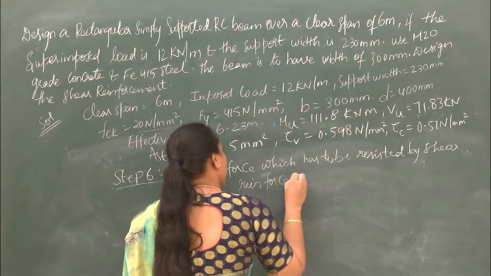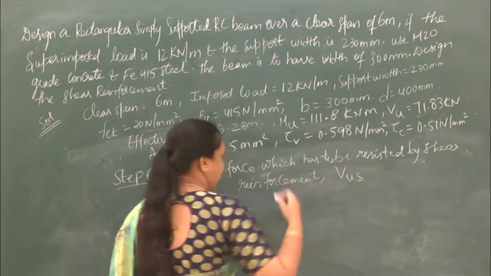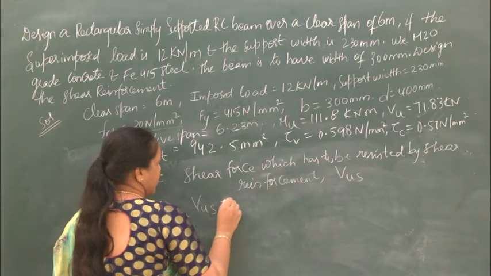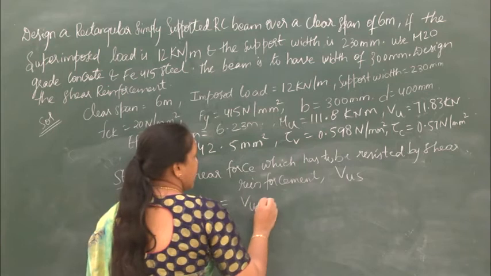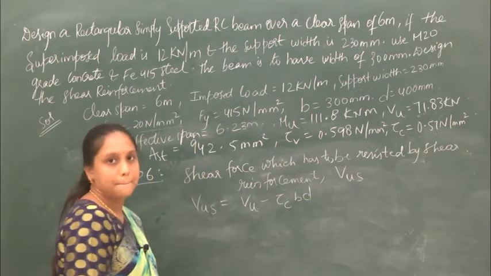That is what we have to calculate here. We have to calculate the VUS. So what is the formula for calculating VUS? VUS is equal to VU minus tau c into BD.